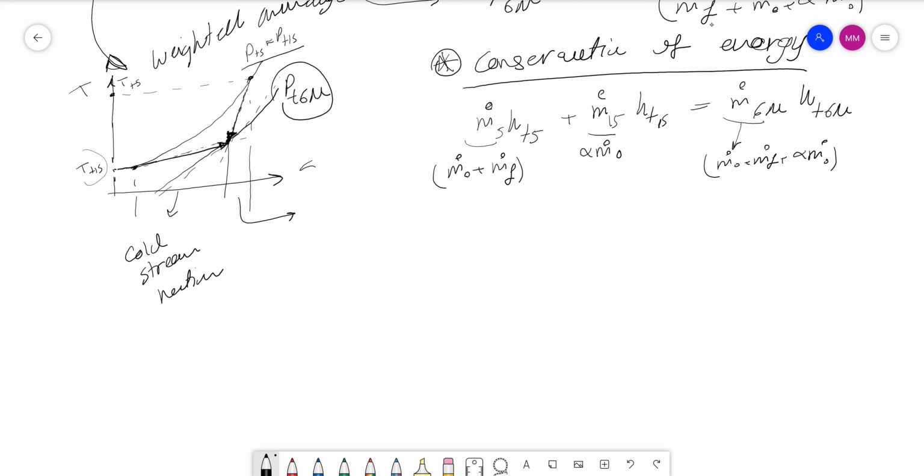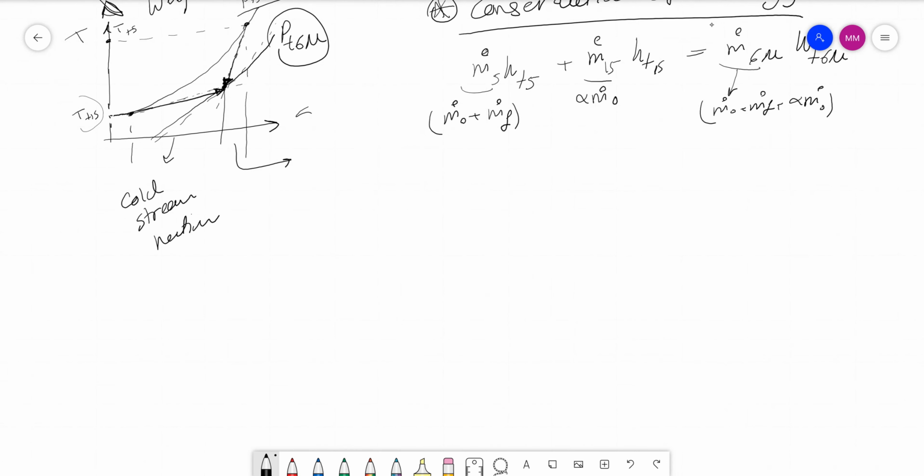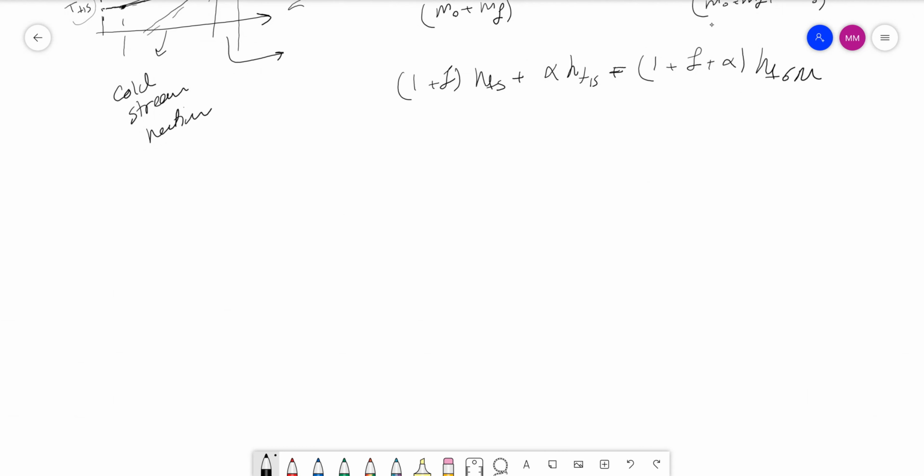So we can divide this equation by m dot naught and essentially get (1 plus f) ht5 plus alpha ht15 equals (1 plus f plus alpha) ht6m, right? And the only unknown here is going to be ht6m, so we rearrange the equation to give us ht6m.